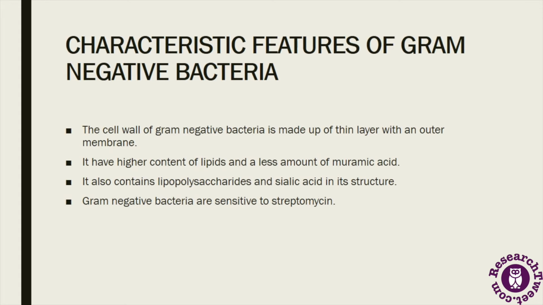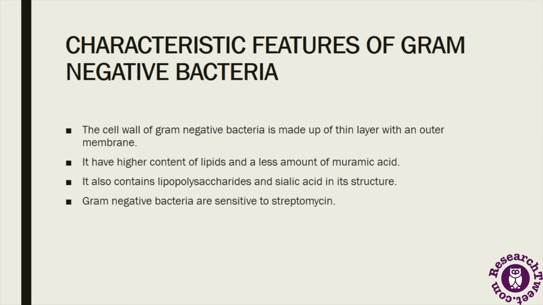Now let's understand some characteristic features of gram-negative bacteria. As we have discussed, there is a cell wall difference between gram-negative and gram-positive bacteria. The cell wall of gram-negative bacteria is made up of a thin layer with an outer membrane.